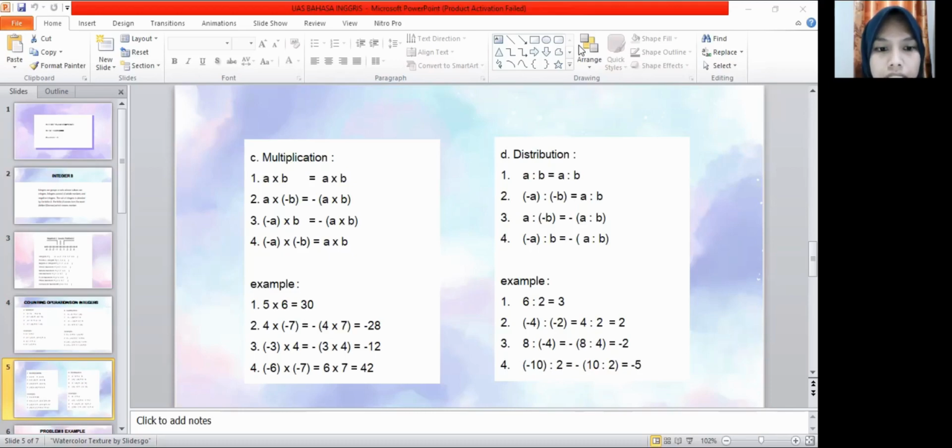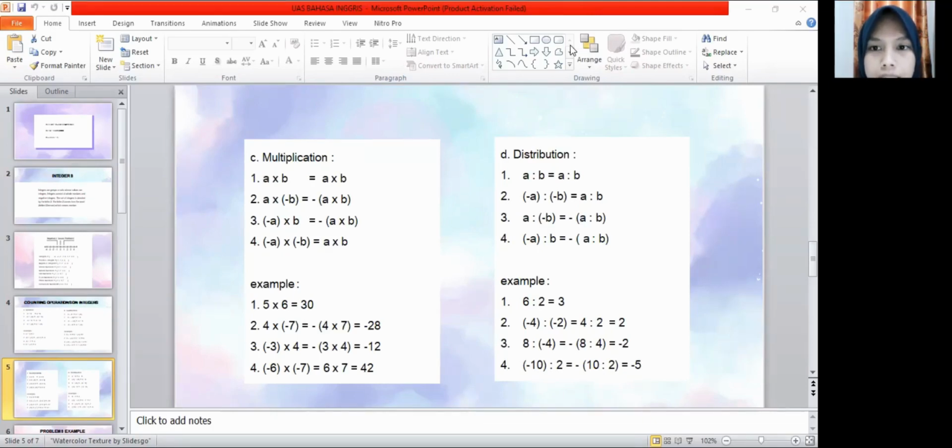Number 3, negative 3 times 4 equals negative 3 times 4 equals negative 12. And the last, negative 6 times negative 7 equals 6 times 7 equals 42.